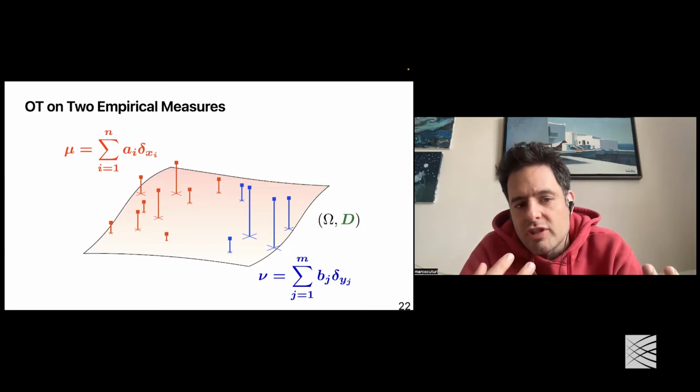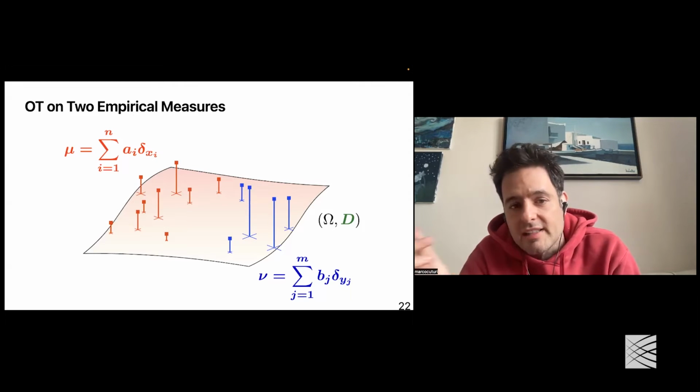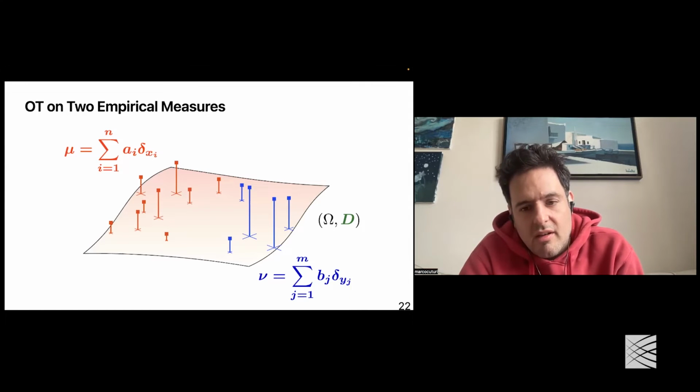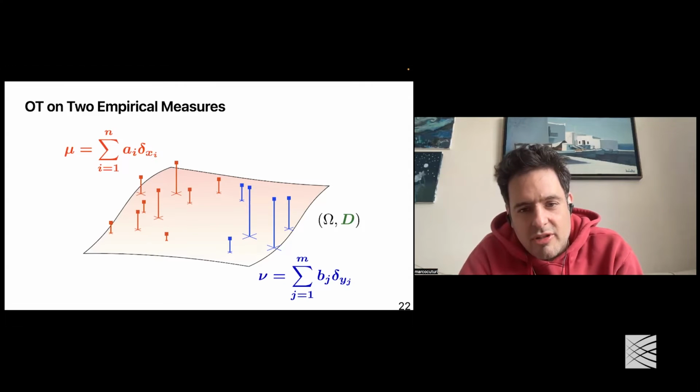So the standard optimal transport problem, the more flexible formulation of this matching problem, is to assume that we have xi's, the red points, with weights ai's, and we have yj's with weights bj's. This is the second measure, the blue measure, and we will try to find a way to transport this optimally.